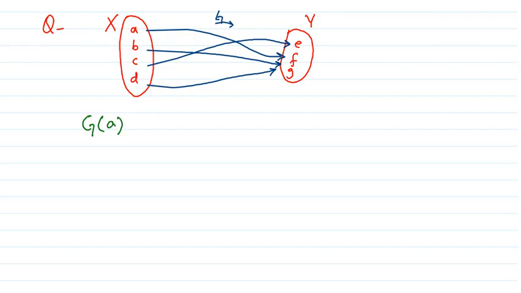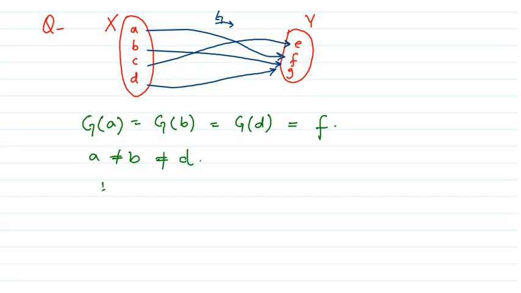But A is not equal to B is not equal to D. All these three are distinct values. Similarly, G of C is being mapped to E, but since these are not mapped to distinct values, G is not an injective function.